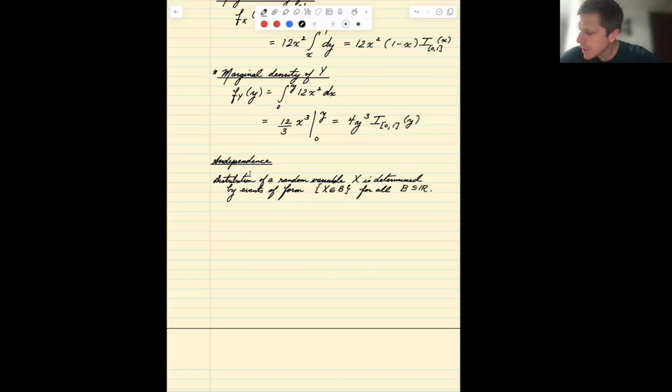In other words, it's determined by all of these probabilities. So each of these is an event. And so two random variables are independent if all of the events determined by those random variables are independent.